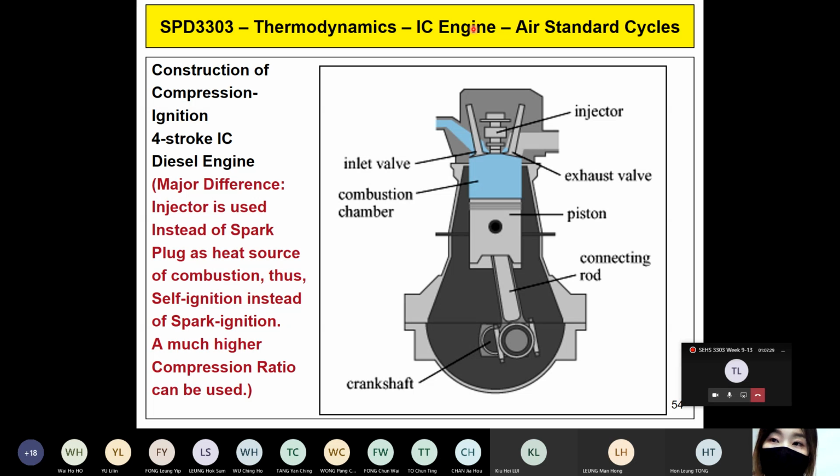Actually, there is another type of internal combustion engine in our daily life: the gas turbine. It is usually used in aviation, in aircraft. Essentially, its working principle is a little different from the gasoline engine and the diesel engine.